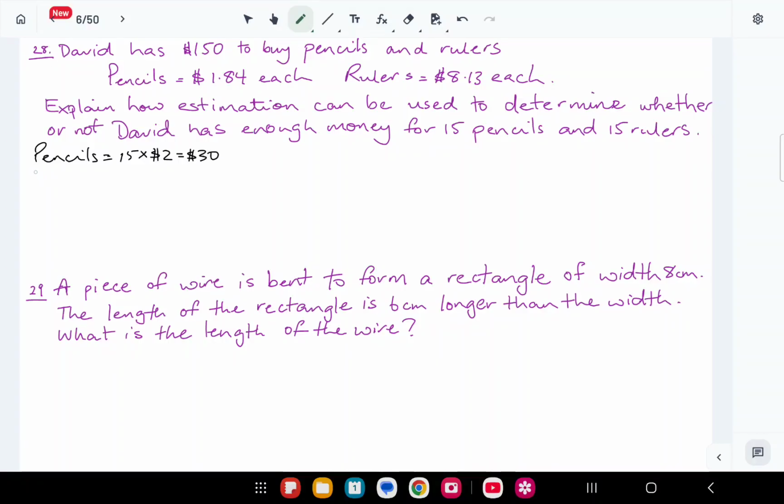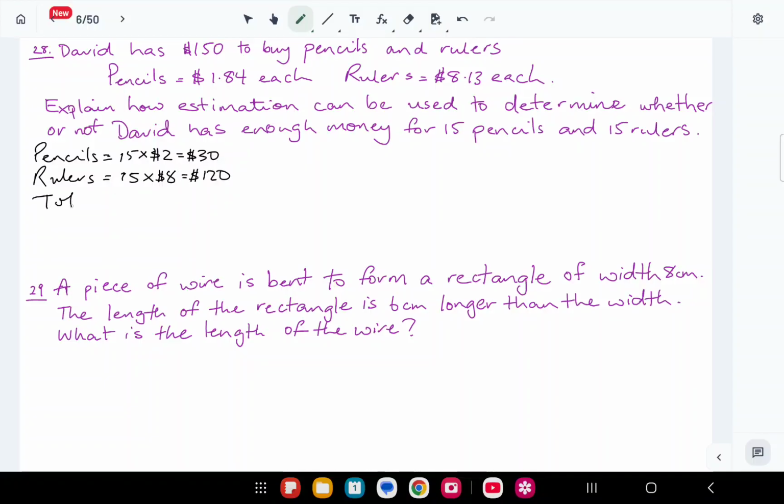And then the rulers, we could round it down to $8 because it's 13 cents less than 50 cents, so you leave it closer to the $8. So rulers is equal to 15 multiplied by 8, which is equal to 120.